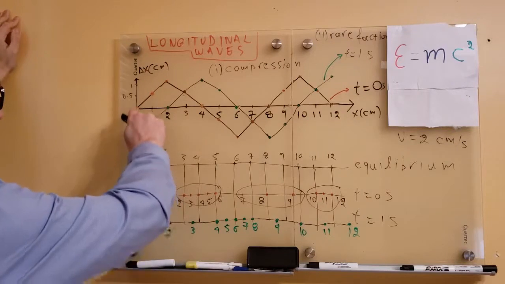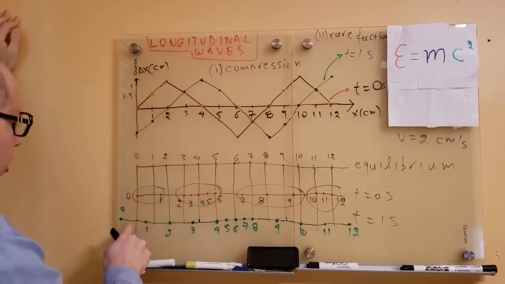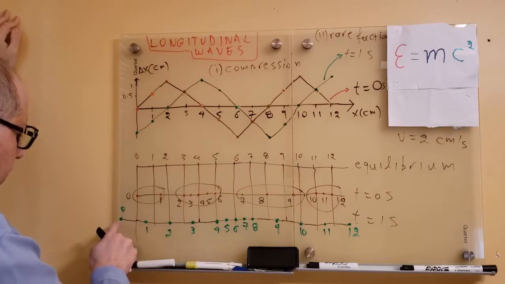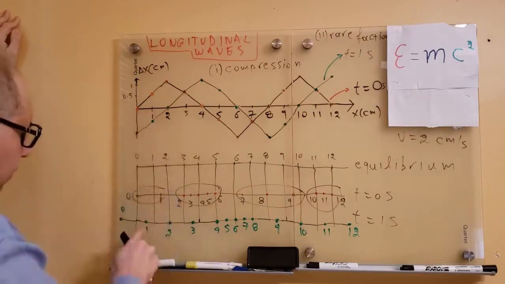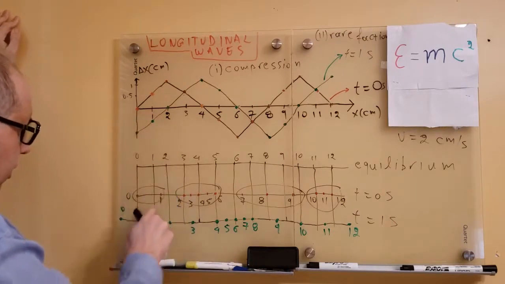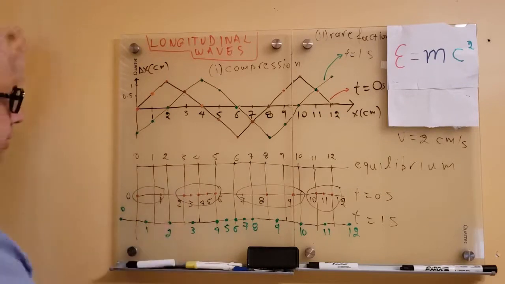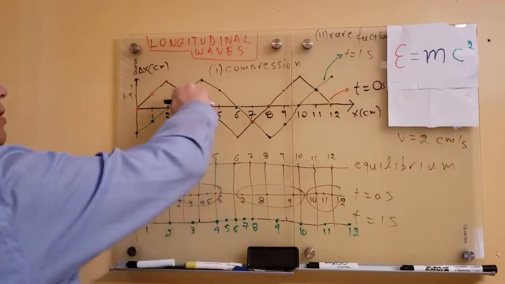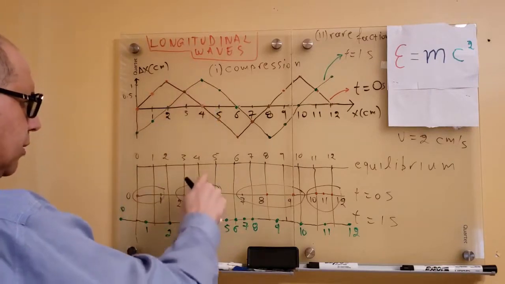Point 0 is at negative 1, so it should be here. Point 1 is negative 0.5, so it should be here. Point 2 is at the position of equilibrium, so it's here. Point 3 is up by half, so it should be here.